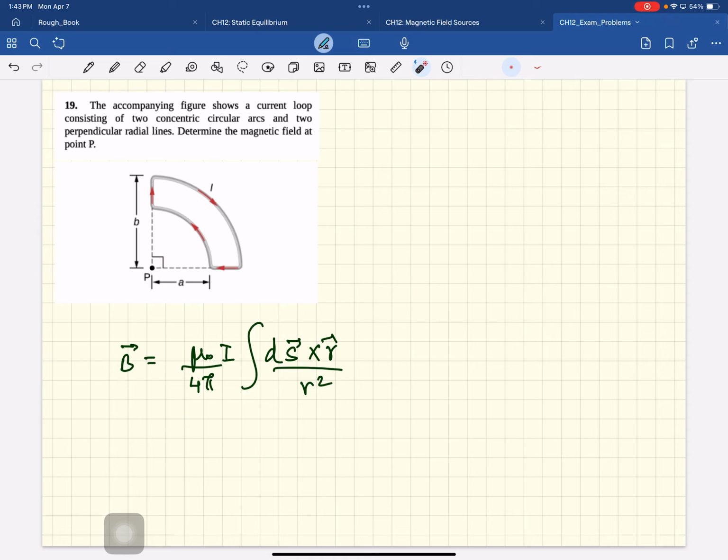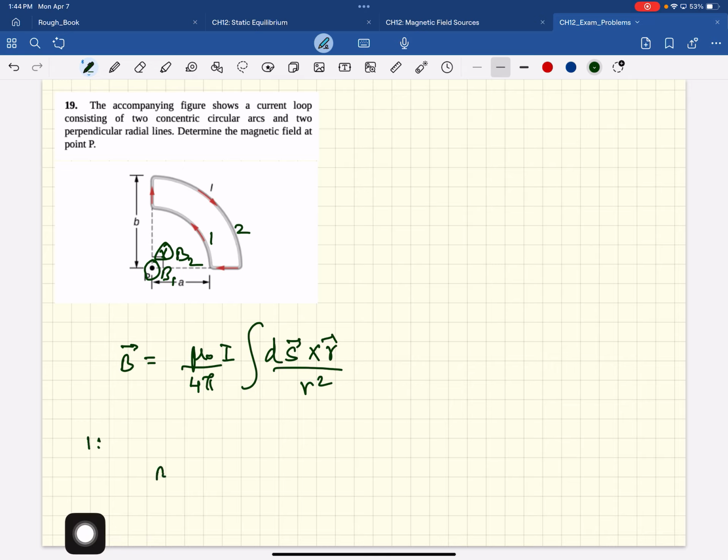This guy will produce a field going into the plane. So we'll call it B1 and B2. They would cancel each other, except that B2 is weaker than B1. So the net field will be coming out of the sheet of paper. So we'll calculate the field due to loop 1.